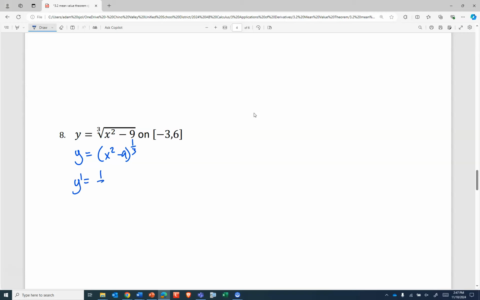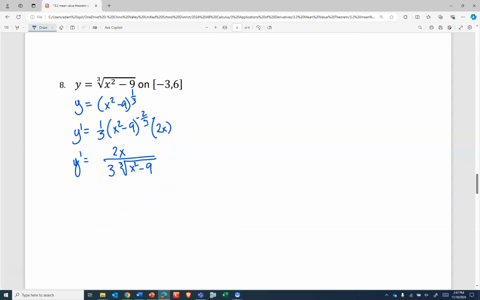So that derivative is 1/3 of x squared minus 9 to the negative 2/3, chain rule, times 2x. So y prime is 2x over 3 times the cube root of x squared minus 9.